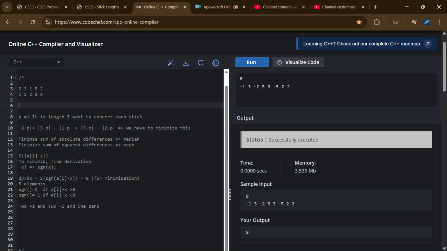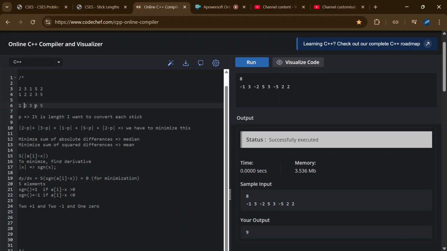So suppose we have 1 2 3 4 5. What I have to do is find a number such that the signum function of a of i minus x gives two positives, one 0, and two negatives.